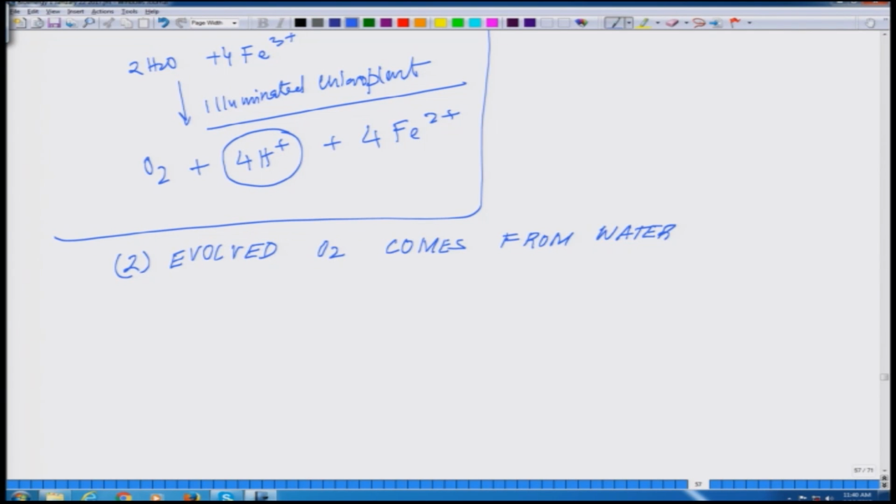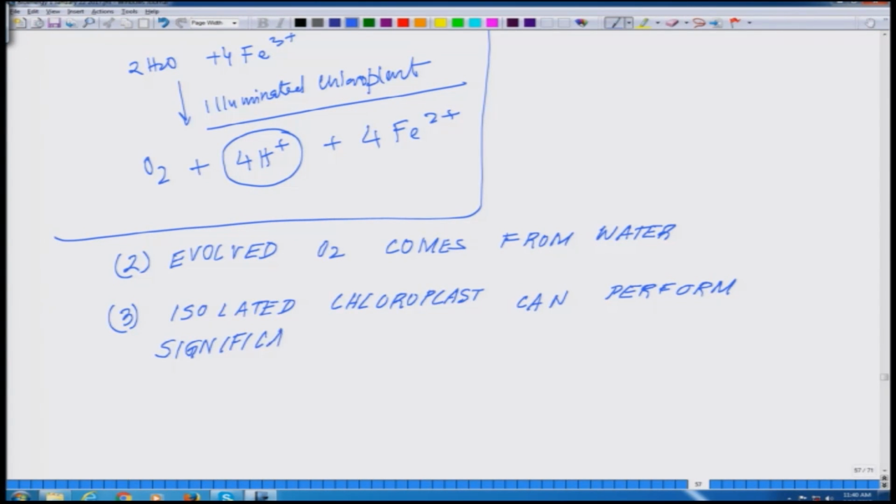The third aspect shown by the Hill reaction is that isolated chloroplast can perform significant partial reactions of photosynthesis, here shown as PS.